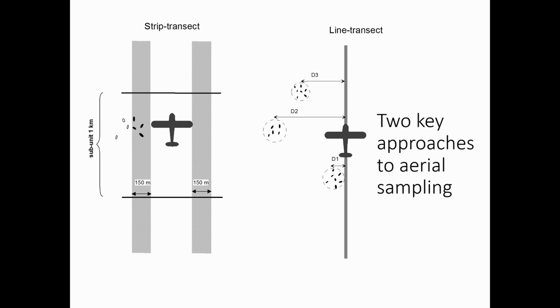And people, obviously, if you want a bigger sample, just increase the strip width. And so there was a lot of work done early on in implementing early SRFs with very wide strip widths, because they thought, well, it's really expensive to keep this plane up in the air. Let's increase our sample by increasing the strip width.